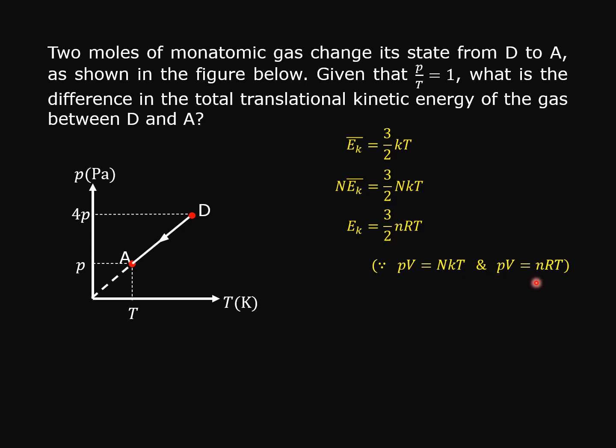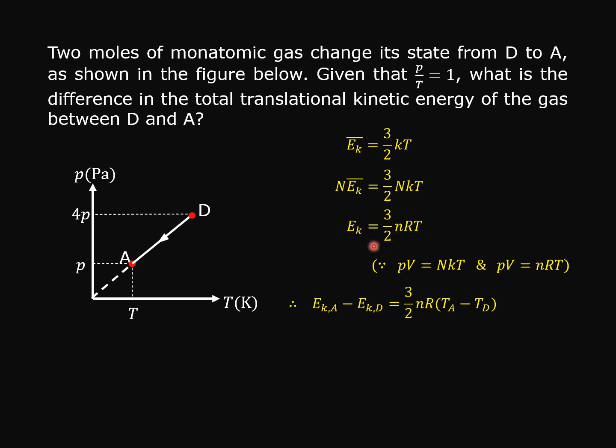Another form is PV equal to nRT. So that means NkT can be replaced by nRT. That's why we have this nRT here. R is the gas constant and k is the Boltzmann constant. Both are constant values.